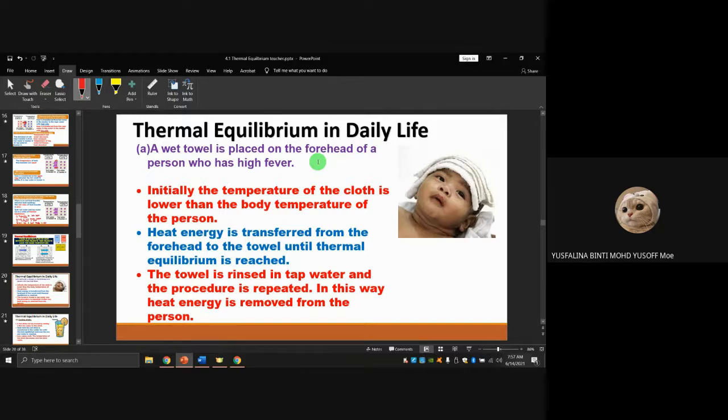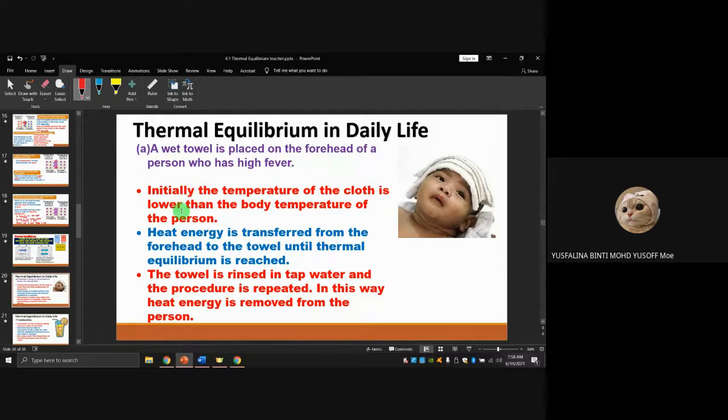And then the last mark, you have to state that the temperature of the wet towel is equal to the temperature of the patient. So that is the 4 marks. That's how you want to explain.